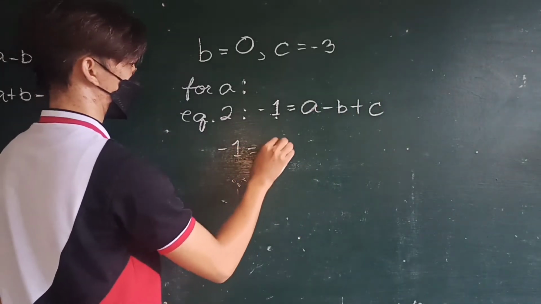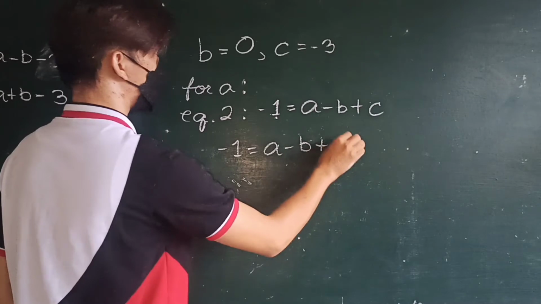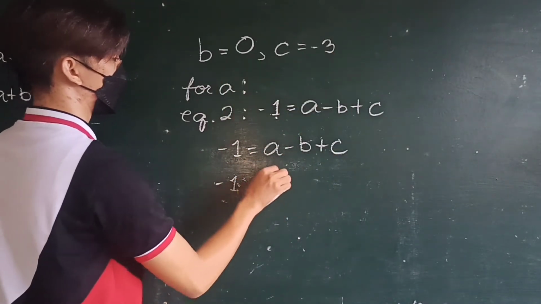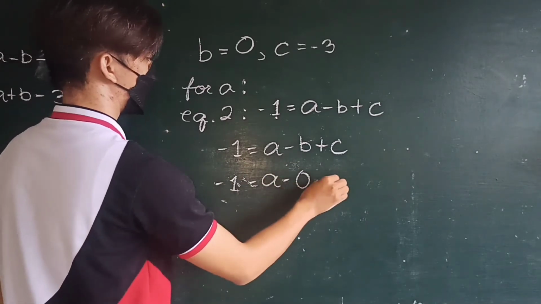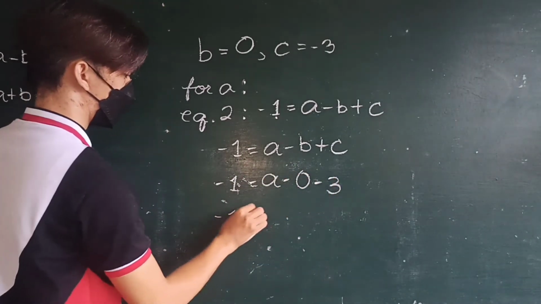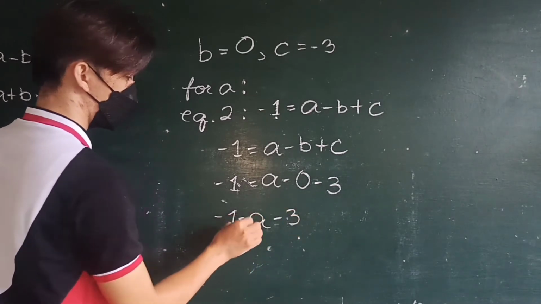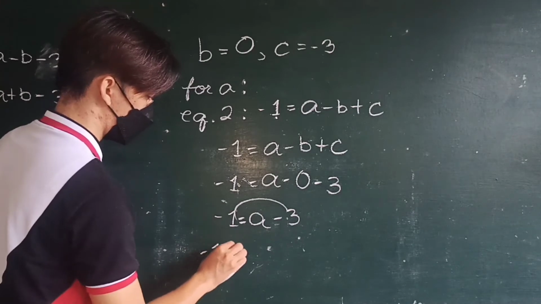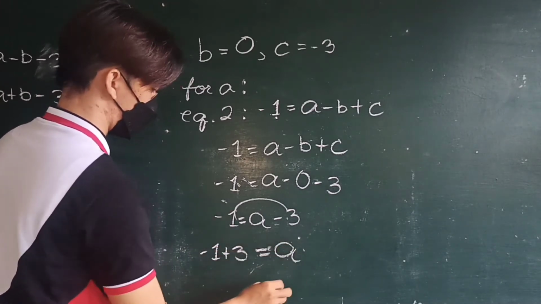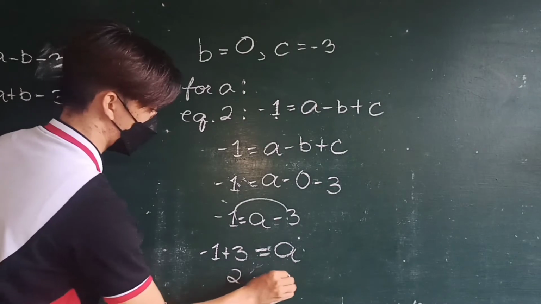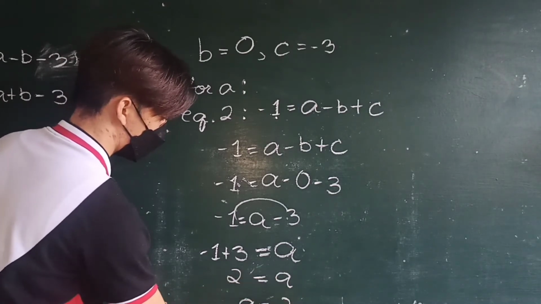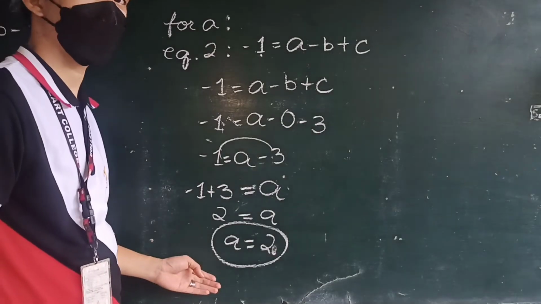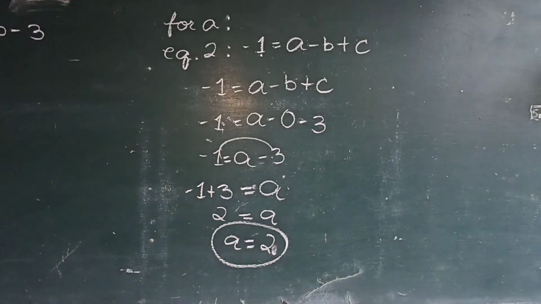So we substitute the values of b and c. Negative 1 equals a minus 0 minus 3. Negative 1 equals a minus 3. Transpose negative 3, it will become positive 3. So negative 1 plus 3 equals a. Negative 1 plus 3 is 2. So a is equal to 2. I repeat, a is equal to 2.